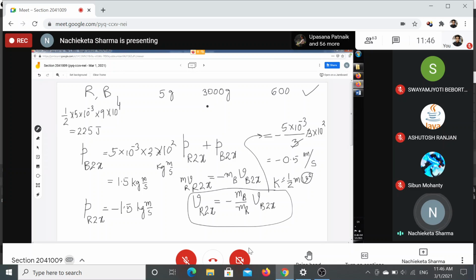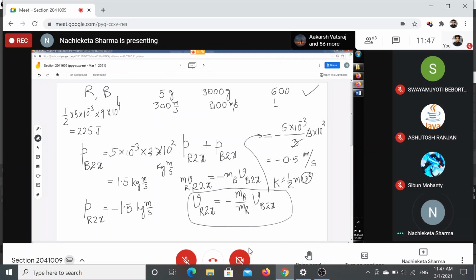So what is the velocity of the bullet? It is 300 meter per second. This is its speed. And what is the speed of the gun? It is half meter per second. Sorry, I should write 300 meter here. So 300 meter per second here and half meter per second here.